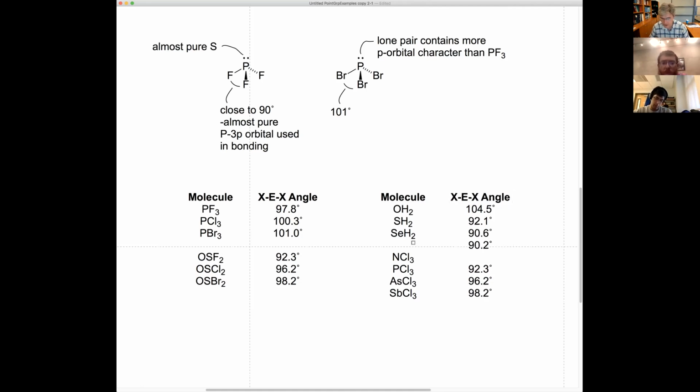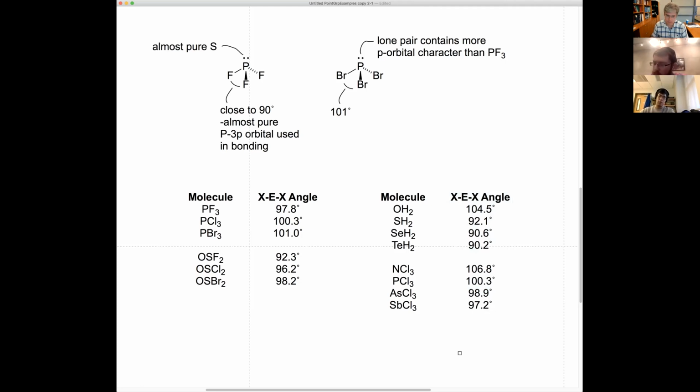Sorry, I have to squeeze one in here. Okay. NCl3, same story, 106.8. That's pretty close to sp3, 100.3, 98.9, 97.2.